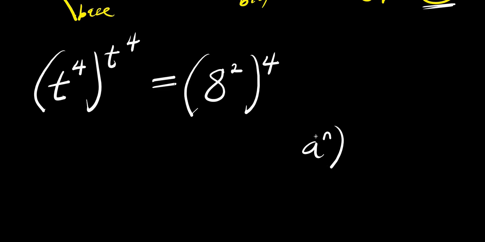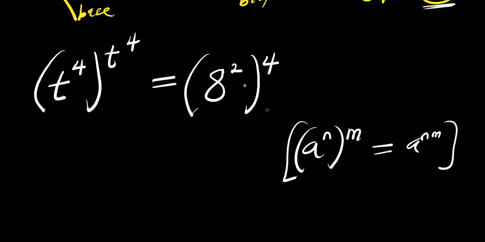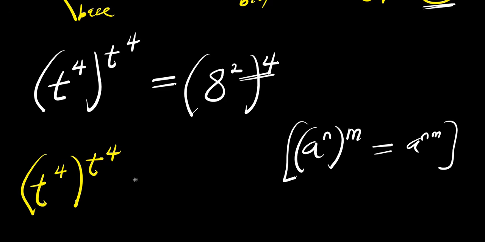You have a power n raised to the power of n. This equals a power n times n. We need to multiply this out. That will give us t power 4 raised to the power of t power 4. And this equals 8 raised to the power of 2 times 4. That is 8.